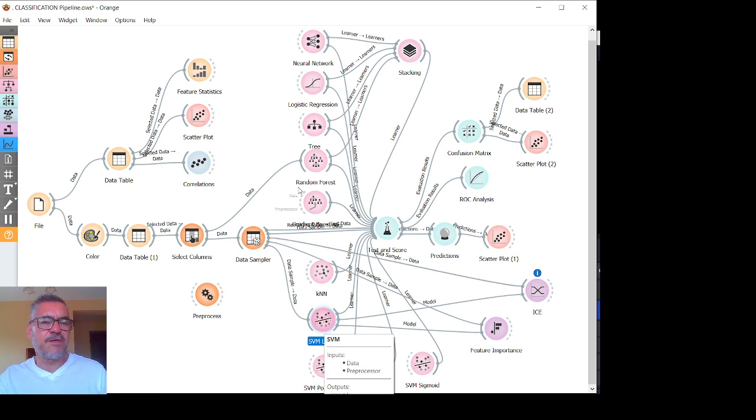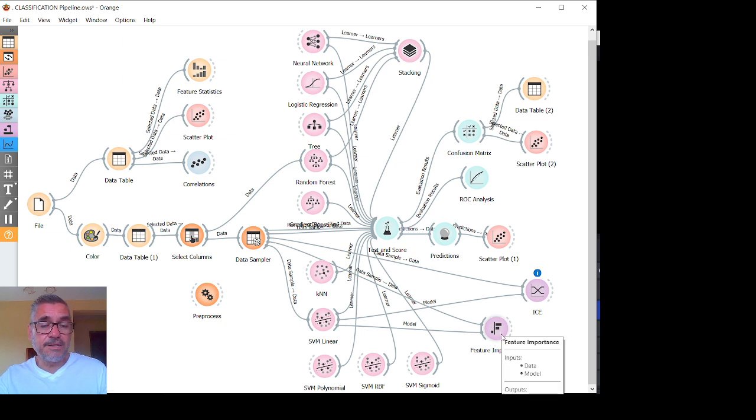If I want to do the same thing for a random forest or for the gradient boosting model, then I will have to connect it like this. Make a connection here, data sample data, but in this case to the gradient boosting algorithm, and also connect the model to the model of the feature importance node. Also, I can have multiple feature importance nodes.